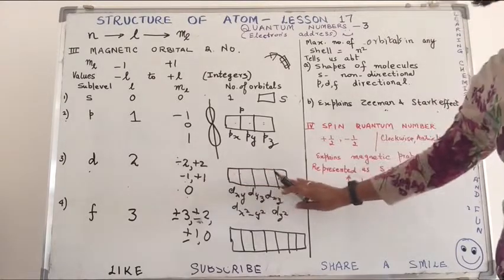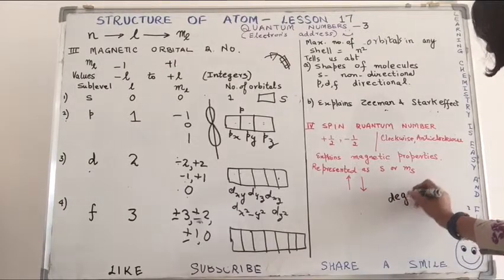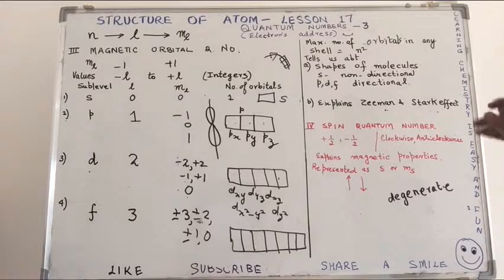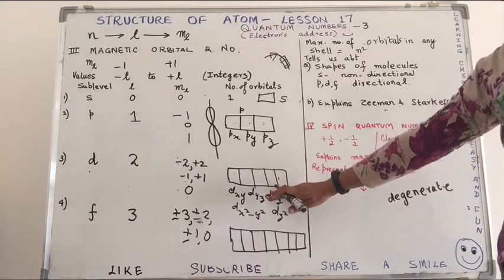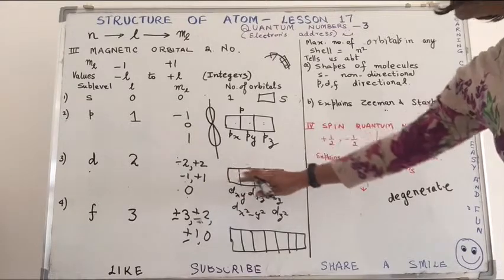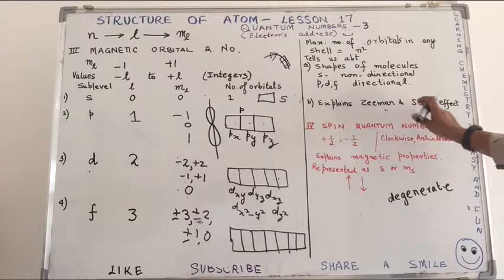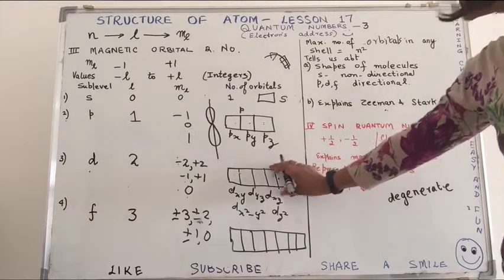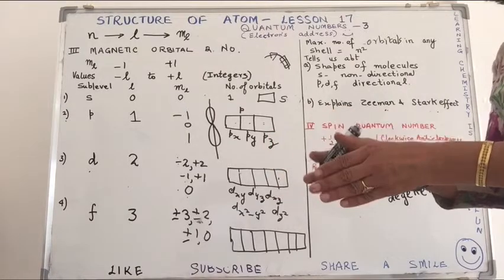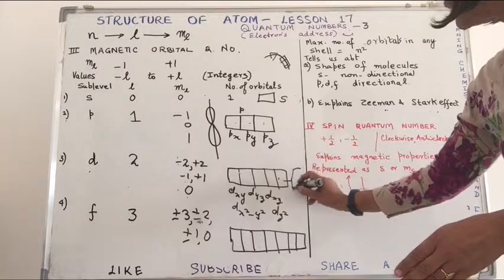At present, these are degenerate. The word that we use is degenerate. That means they all have equal energy. At present, all the d orbitals of this d sublevel are of equal energy. But in the presence of magnetic and electric field, these orbitals separate and they will have different energy levels.